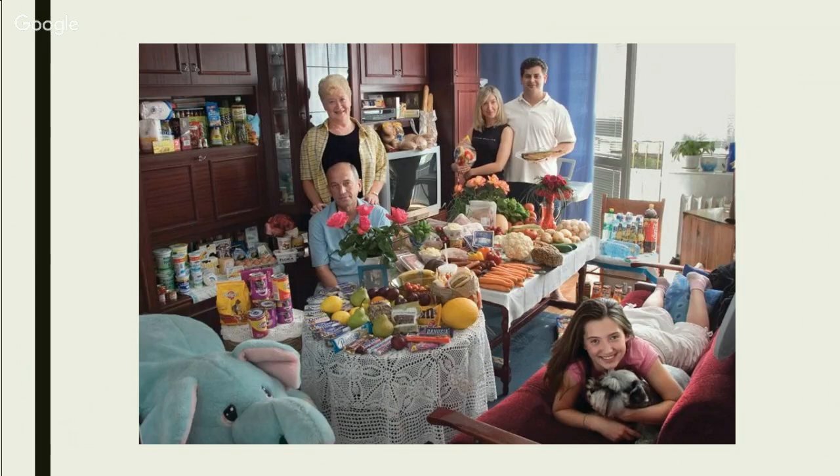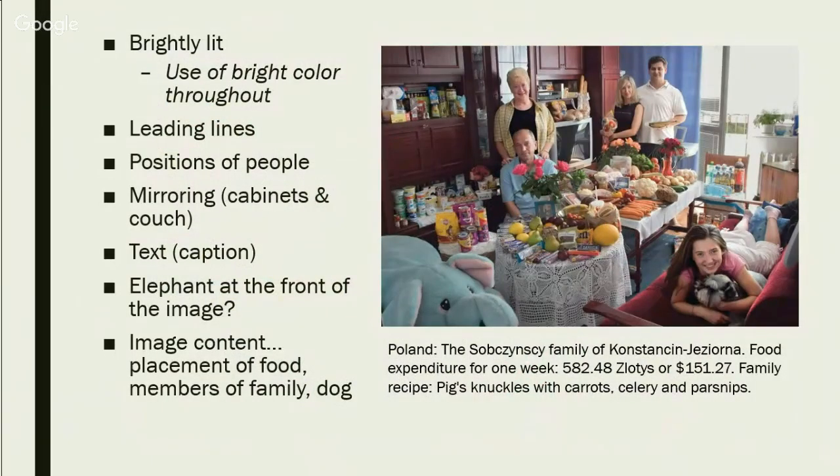What I want to do right now is take this photo and break down some of the parts of the photo so that you can see some of the visual techniques that Menzel might be using. So I just wrote some notes that I have, right? For example, brightly lit. It's a really bright photo, especially back here.